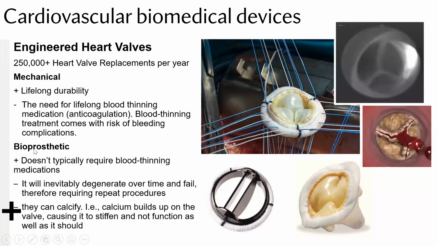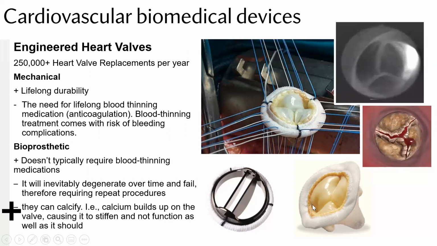And then when it comes to the biological or bioprosthetic ones, they do not require anticoagulants typically, but what happens is that through time they degenerate. And as much as they try to coat these surfaces with glutaraldehyde and other agents to kill the cells and avoid the immune response, they gradually get degraded through time.